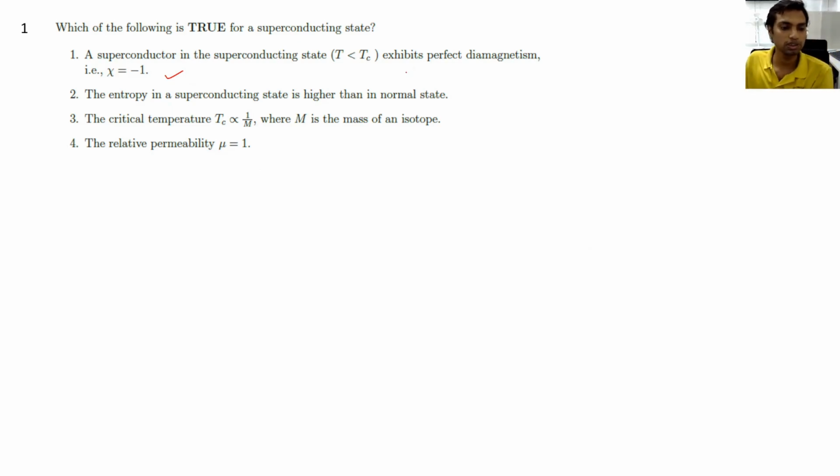The entropy in a superconducting state is higher than in a normal state.